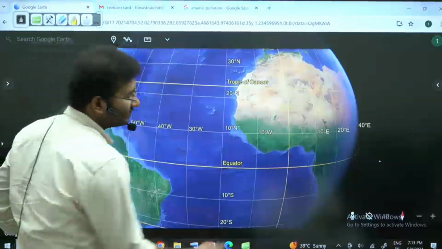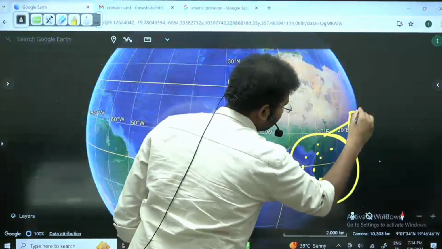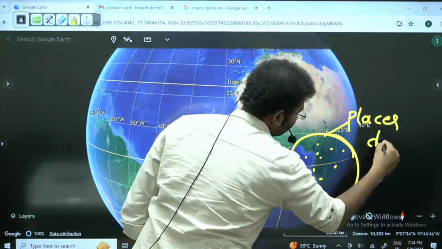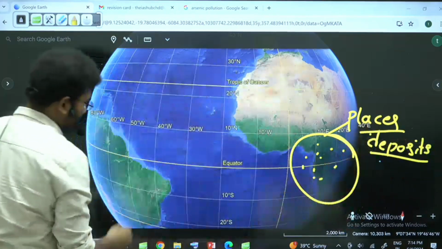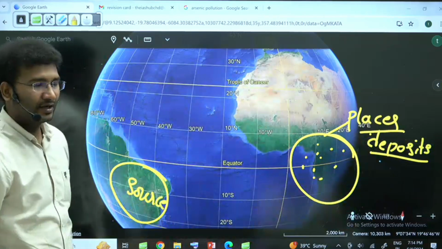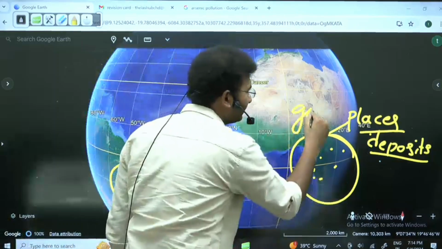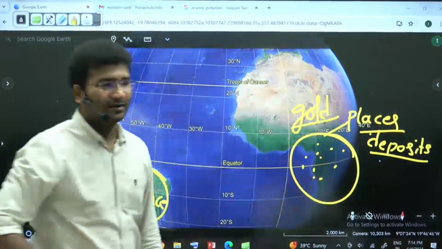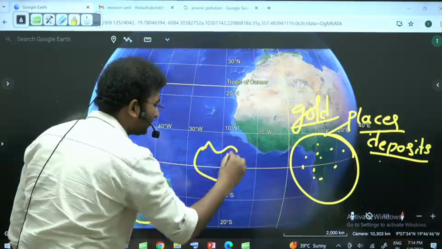So what he says is that placer deposits, and this is the source. How come the source is here and the placer deposits of gold? Now here these are the gold's placer deposits. That means he says that these two might have been once together.